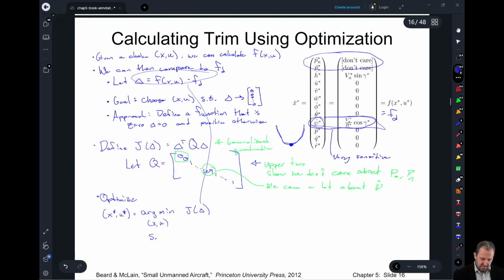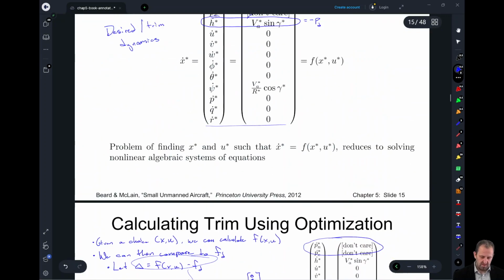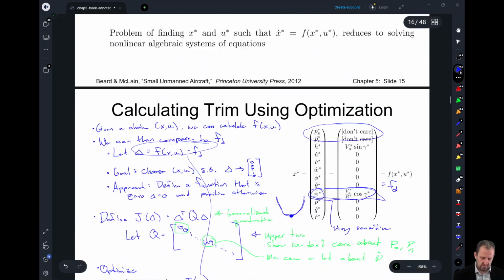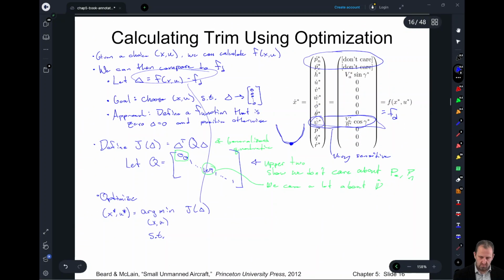such that, and we're going to define all of our constraints from the previous slide. So we have a host of constraints that we can employ. We're going to say that our P is equal to 0, so that's one of our states. Q is equal to 0. We have that VA squared is equal to W squared plus U squared. We have that V is equal to 0. We'll let our Pn equal whatever the desired value, our initial value, was for that.